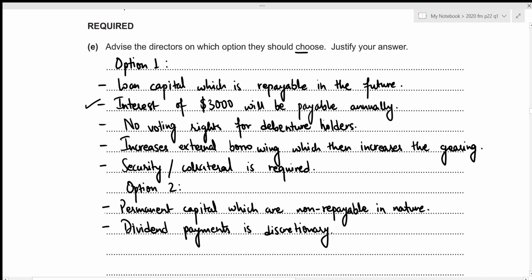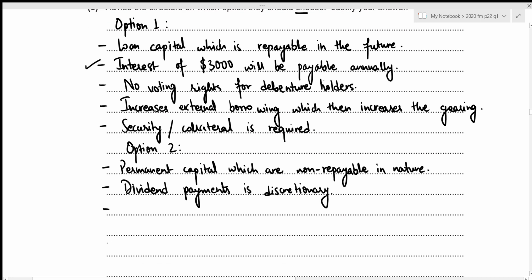Then we talked about voting rights, but in case of rights issue, again, we're talking about ordinary shares, which means that those shareholders will have voting rights. So shareholders get voting rights. And since we are bringing in more ordinary shares, this definitely means that this is going to increase the equity holding. Let's write it down. Increases equity holding.